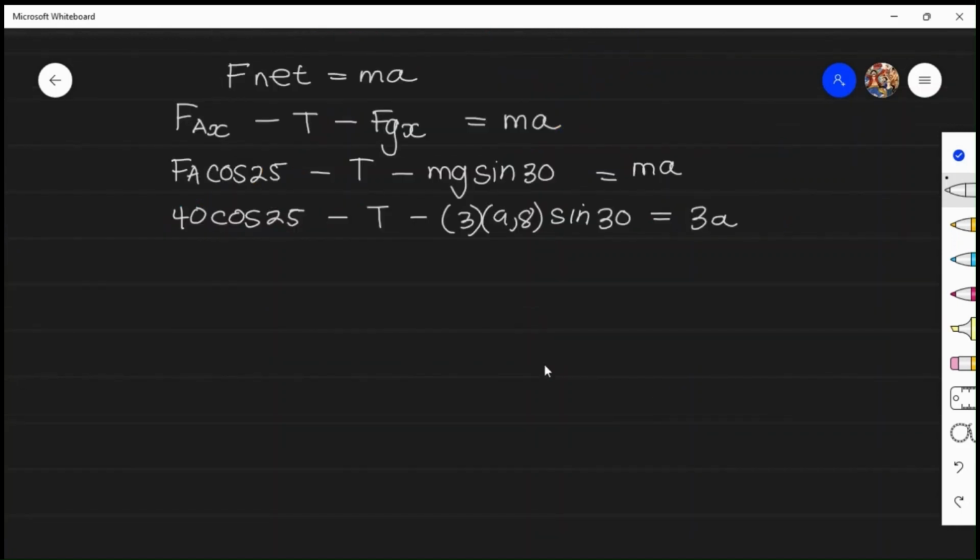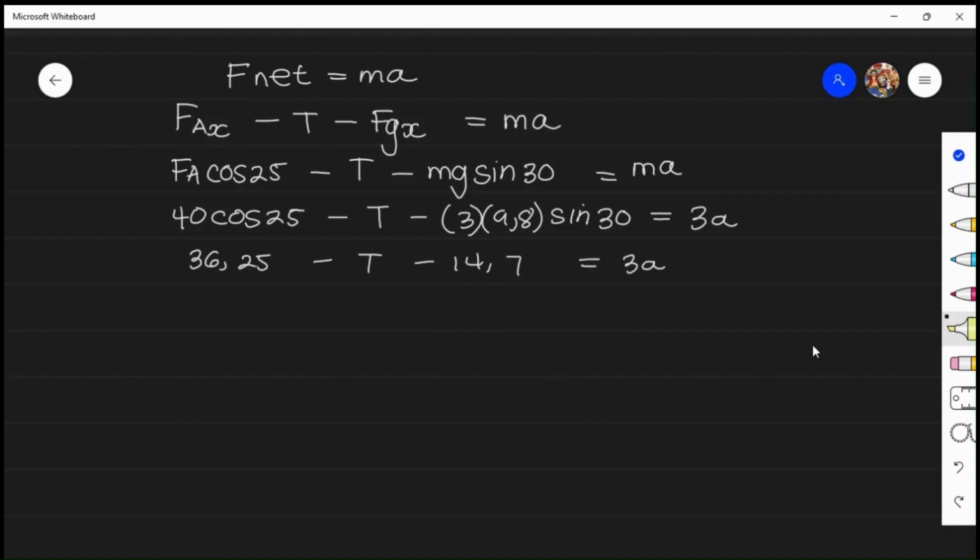So let us put 40 cos of 25 into our calculator, and that gives us 36.25 minus T. Now we can put negative 3 times 9.8 times sine of 30 into our calculator, and that gives us negative 14.7, and that is equal to 3a.